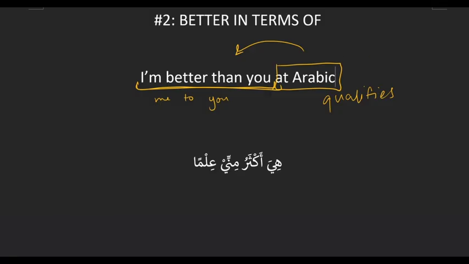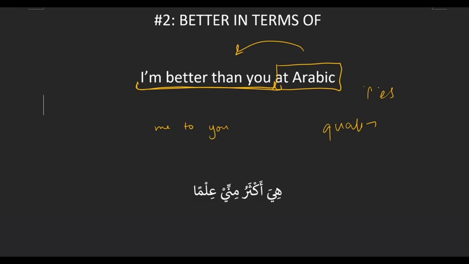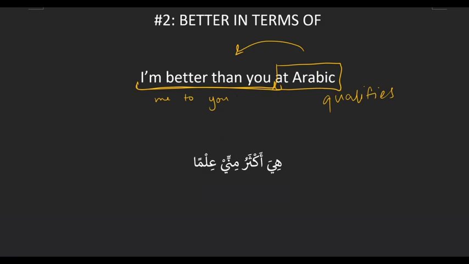Okay, so what does a qualifier look like in Arabic? You'll have your standard comparative, and then possibly the min as well. And then after that, you'll see a noun with the an label.